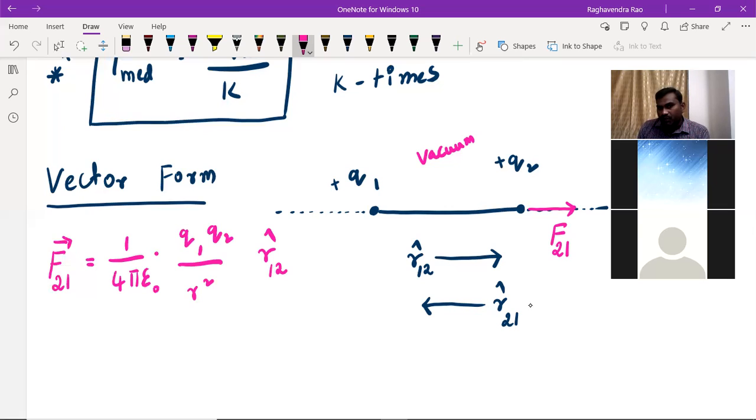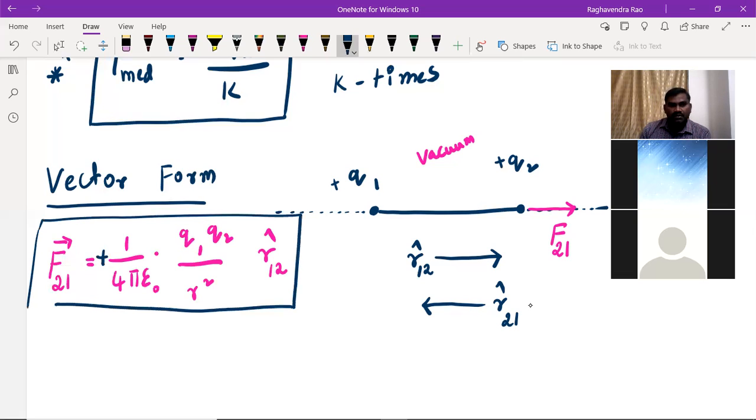So what type of force is this? Repulsive force. Repulsive force is positive. The distance we are measuring from 1 to 2, so this we can also represent with R12 square, R12 square into R12 cap.